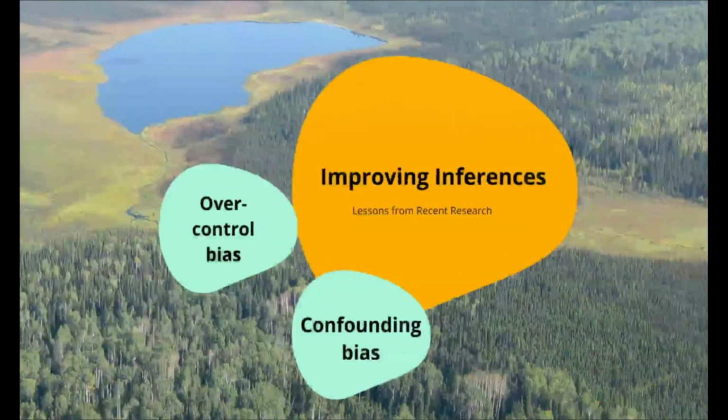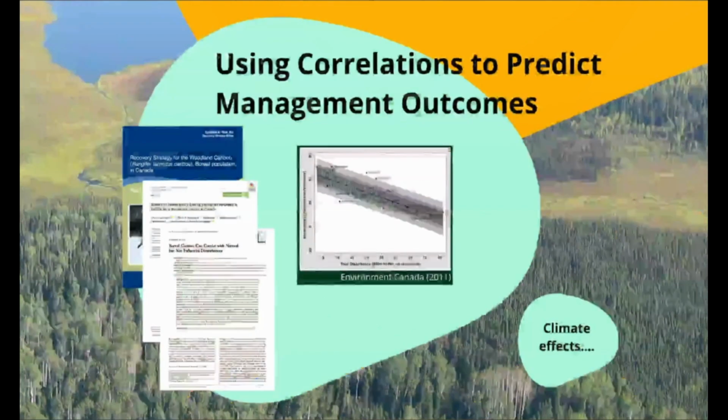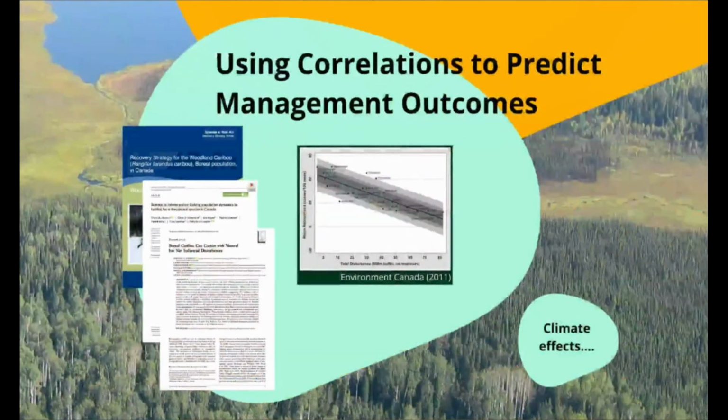Okay, so I'll go back to where I was on this confounding slide. So with that background then, and knowing that what they've really done here is basically use a synthetic variable where they combined fire and anthropogenic disturbance, that's all the stuff that we do to the land base, combining those into a single synthetic variable and just correlating it with the outcome and then setting management actions based on that.